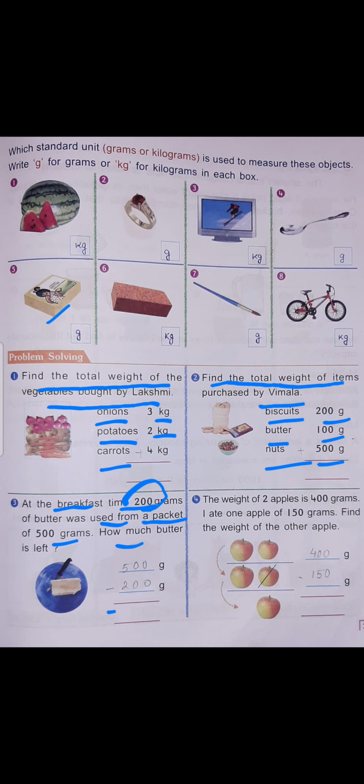The weight of the 2 apples is 400 grams, and 1 apple which contains 150 grams I ate. So find the weight of the other apple. Simple. 400 minus 150, you will get the exact weight of the other apple. I hope all of you have understood this.